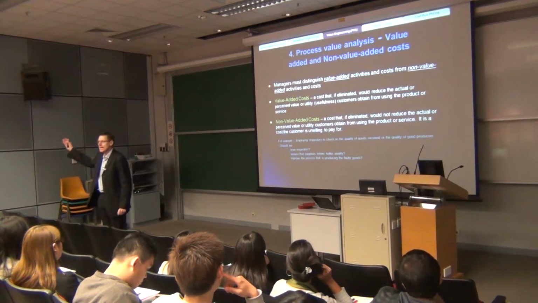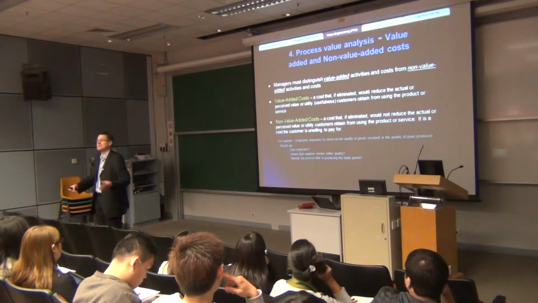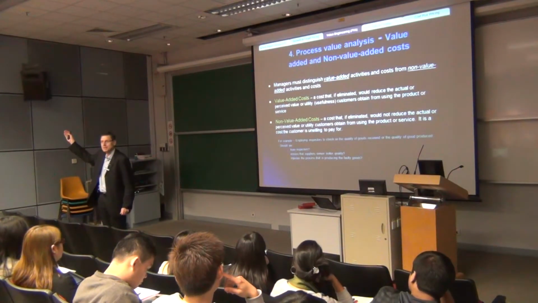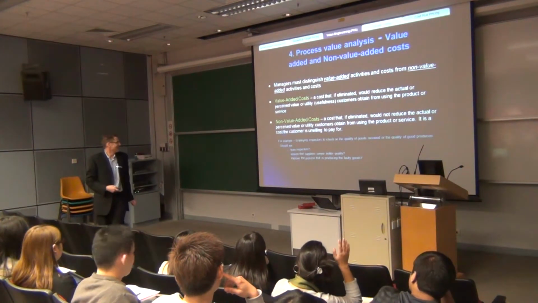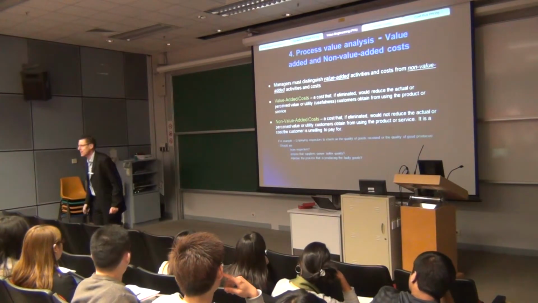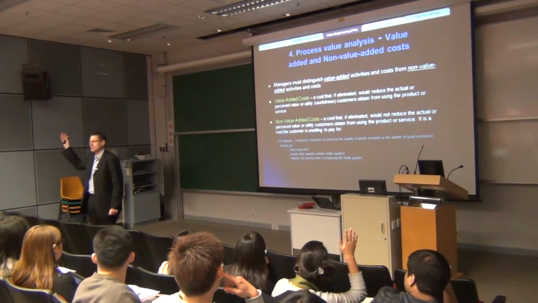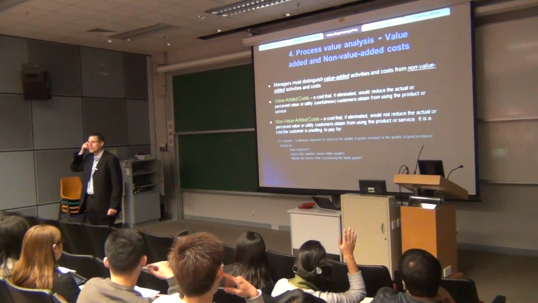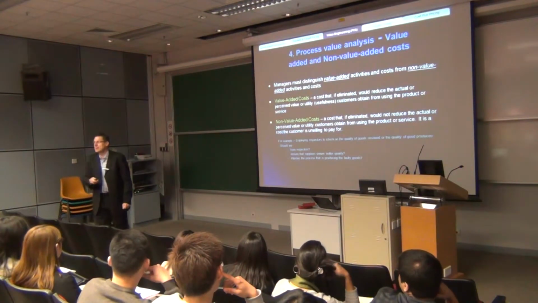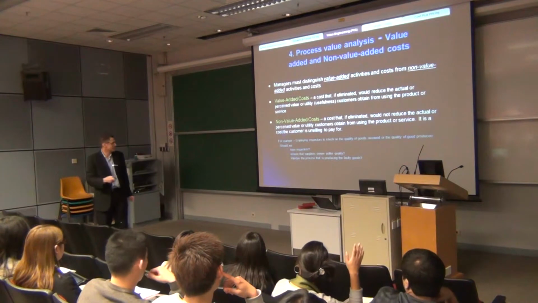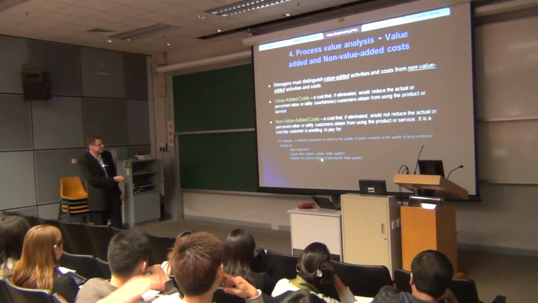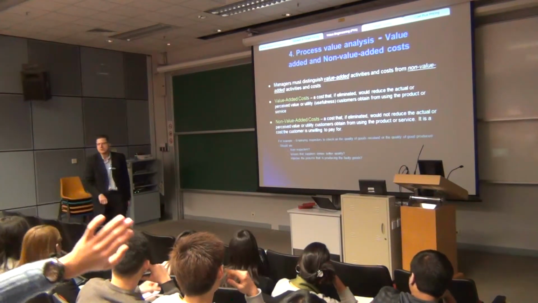Hands up for A. We've got inspectors, so we better train them, A. B, ensure suppliers deliver better quality. Hands up for that approach. Okay, we've got 1, 2. Anyone else? C, improve the process that is producing the faulty goods.